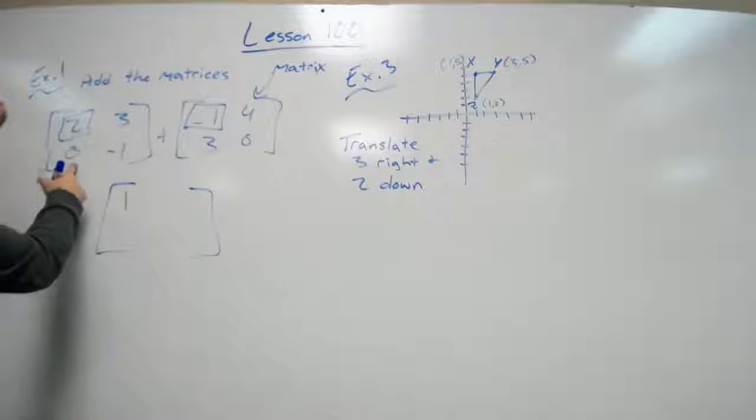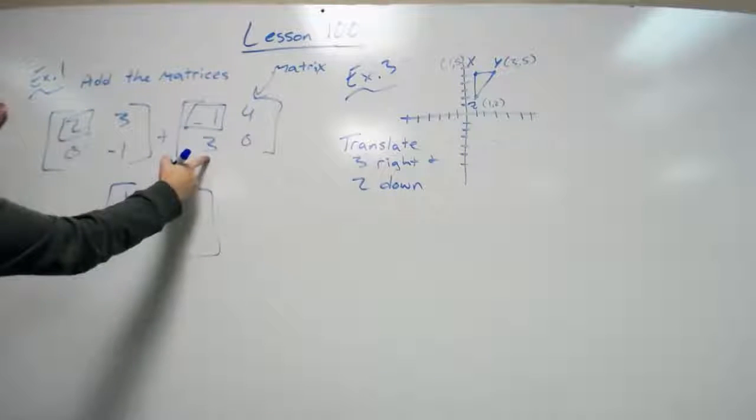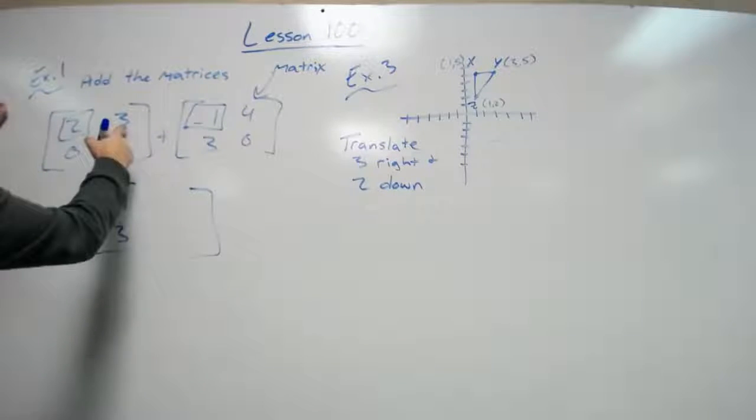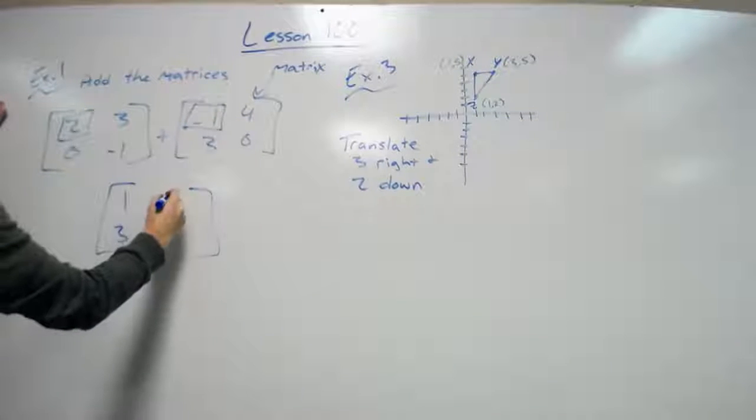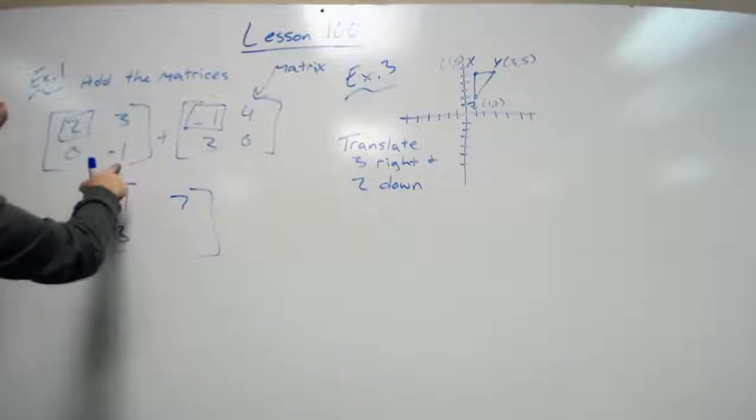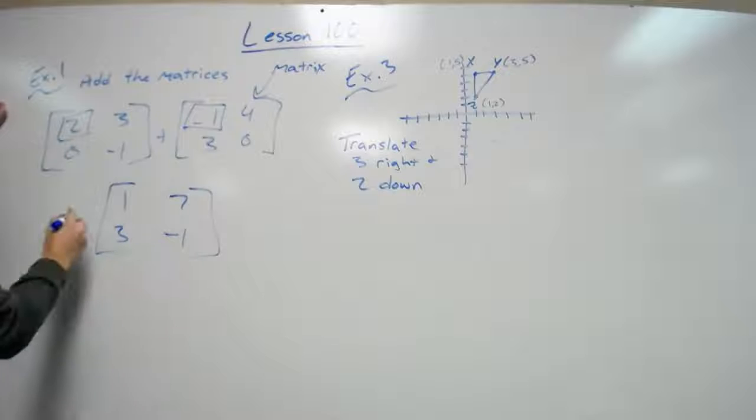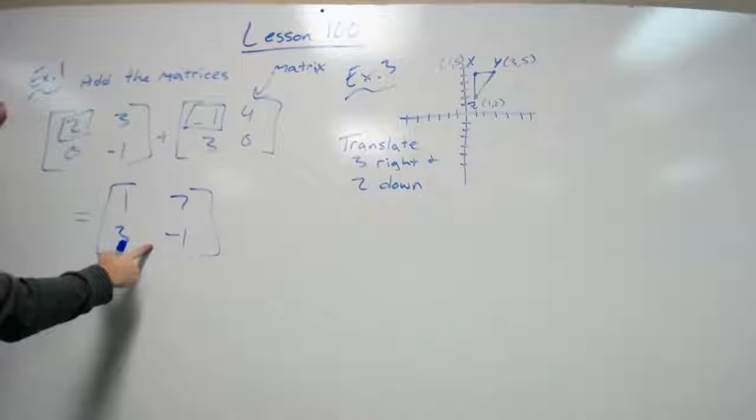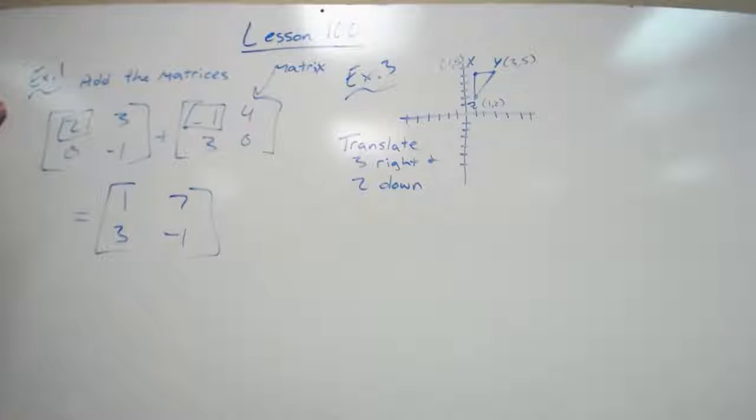Now I add the bottom left, 0 and 3, that's 3. Top right, 3 and 4 is 7. Bottom right, -1 and 0, -1. So my resultant matrix is 1, 3, 7, -1. That's as easy as it gets. So that's all you have to do when adding these matrices together.